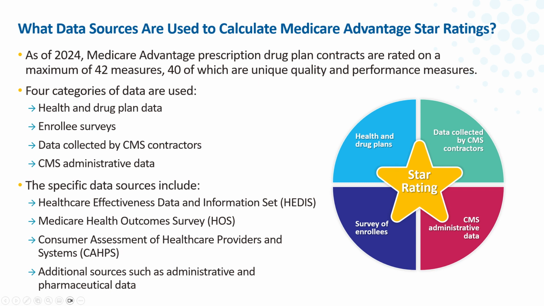Drilling down further, the specific sources of data include measures that are part of the Healthcare Effectiveness Data and Information Set, measures derived from the Medicare Health Outcome Survey, and measures derived from the administration of the Consumer Assessment of Healthcare Providers and Systems. There are other important sources of data used, including administrative and pharmaceutical data that we will highlight in a moment.